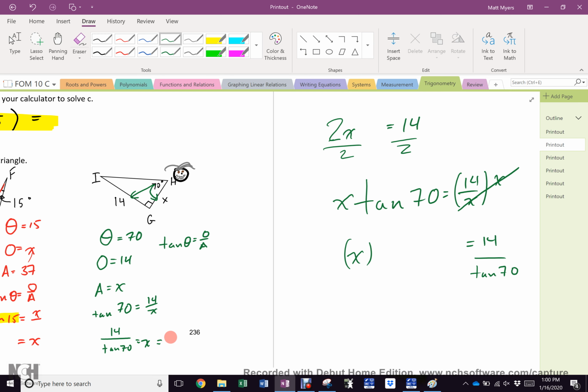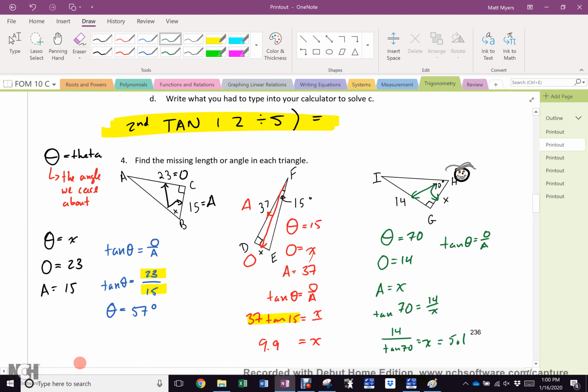What is it? Got to push 5, 6 buttons, people. What is it? 5.1. Can everybody do this? Prove it.